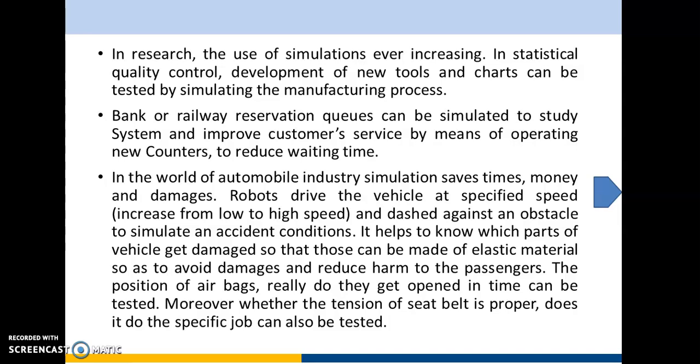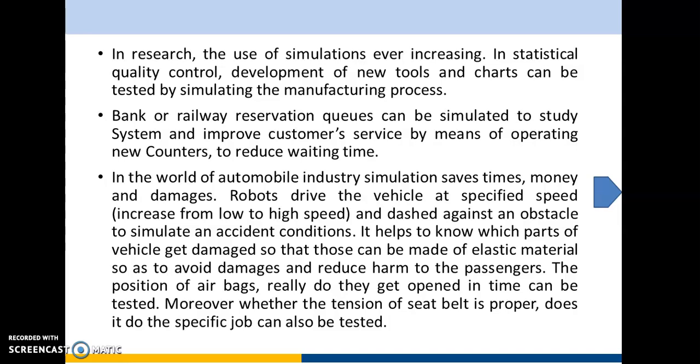For example, robots drive the vehicle at a specified speed and dash against an obstacle to simulate accident conditions. This will help to know which part of the vehicle gets damaged so that those parts can be replaced or made of elastic material, so as to avoid the damage and reduce the harm to the passengers.